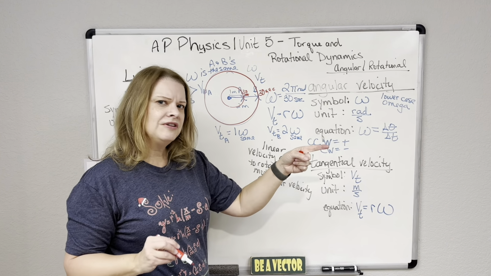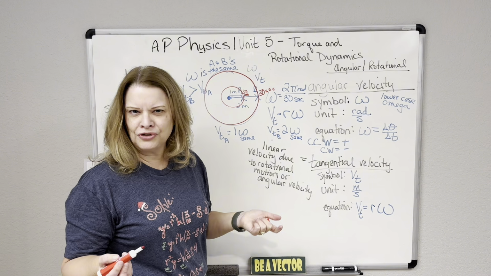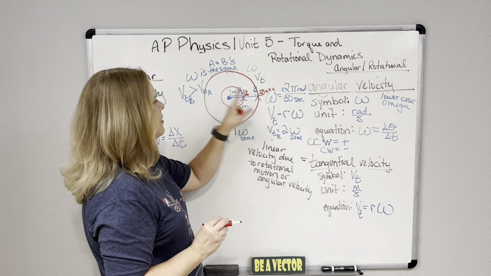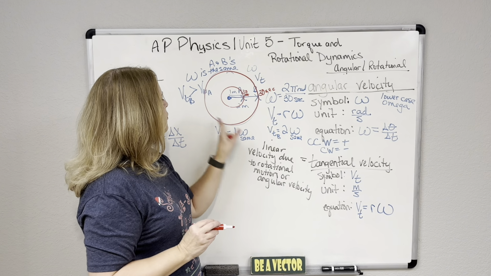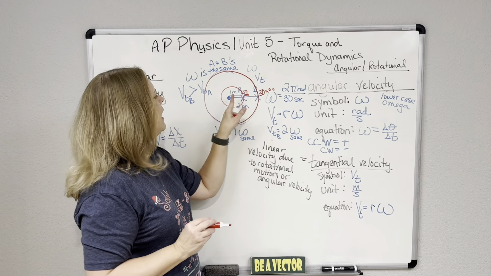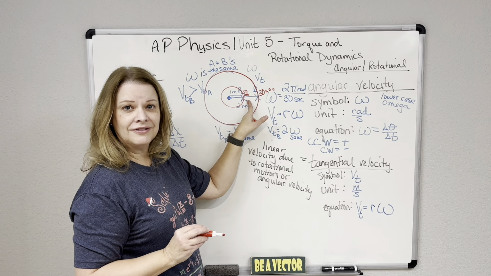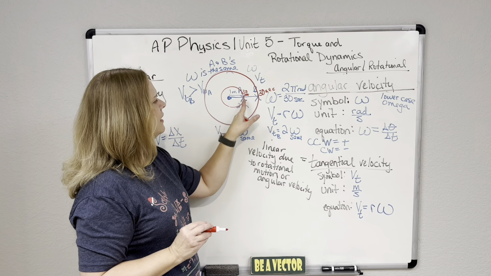Your linear velocity is going to have to be faster getting to the end of your block than to your kitchen. Same thing here. Horse B has the greater tangential velocity because it's got a lot farther to travel in 30 seconds. A has the lesser tangential velocity because it does not have as far to go.